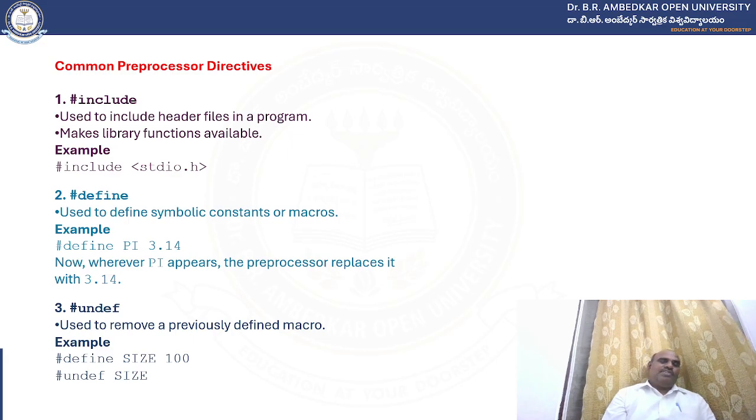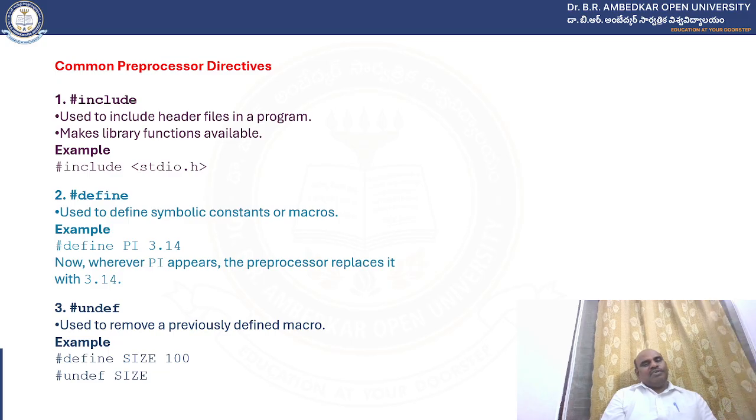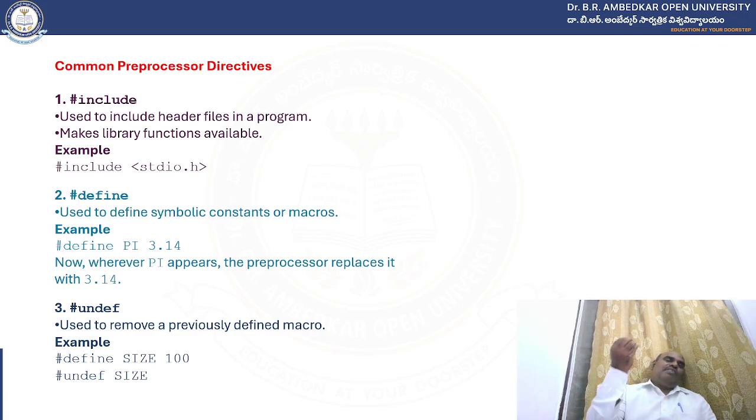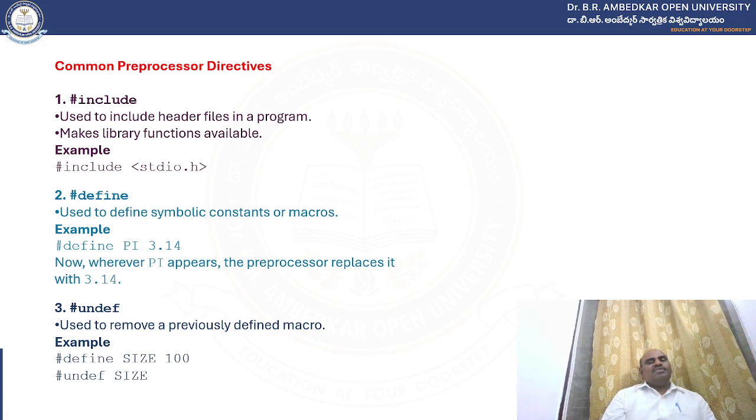Input is the scanf function, output is the printf function. If you want to access library functions, this directive is compulsory, and it makes library functions available. This is the first directive, hash include.